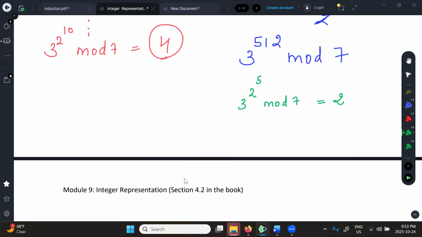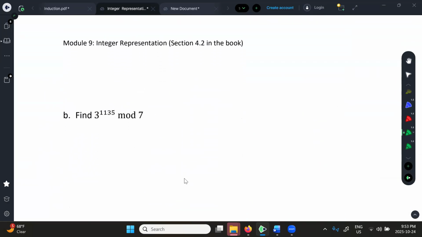So you have to do the work in the beginning, but then after that, everything becomes very straightforward. Now keep this pattern in mind, and let's solve this example. It's again 3 raised to some power, but the power cannot be expressed as some 2 to the power something, right? But what is the binary representation of 1135?